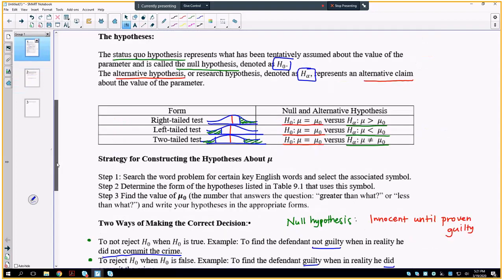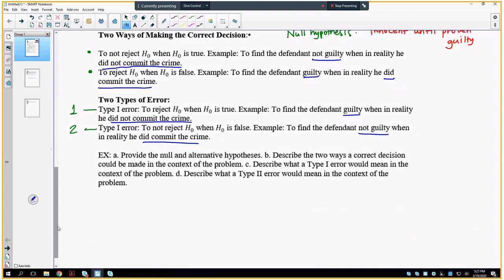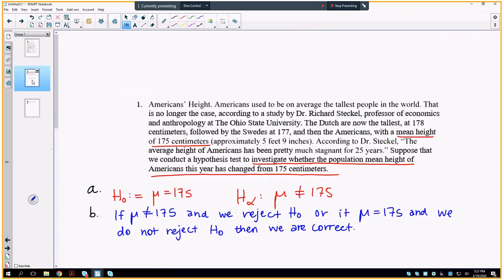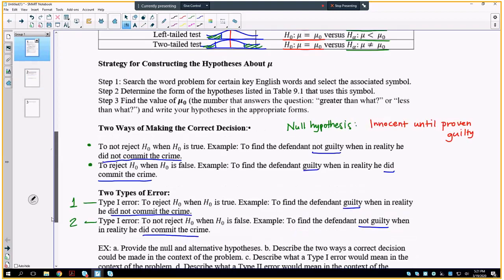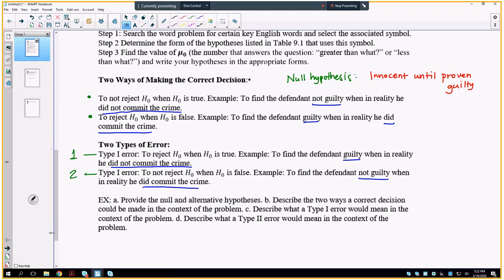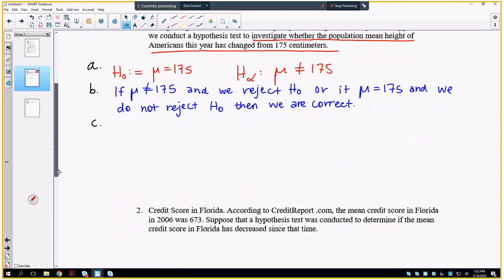Then the third part of the question is describe a type 1 error, and after that we'll describe a type 2 error. So describing a type 1 error, and we can go back and remind ourselves, a type 1 error would be to reject the null hypothesis even though it was true. All right, so let's see. What would it mean to reject the null hypothesis even though it's true in the context of our problem?